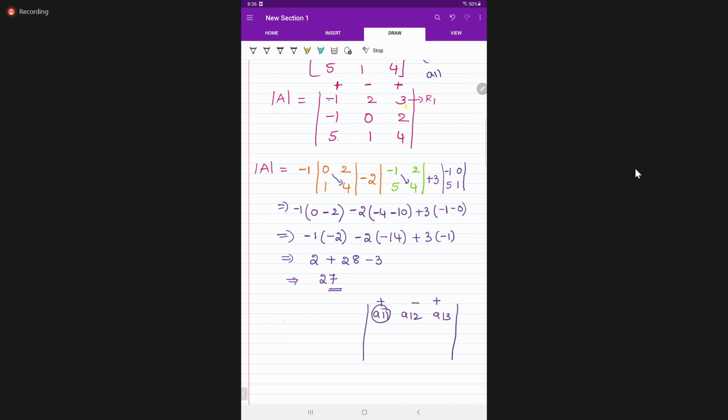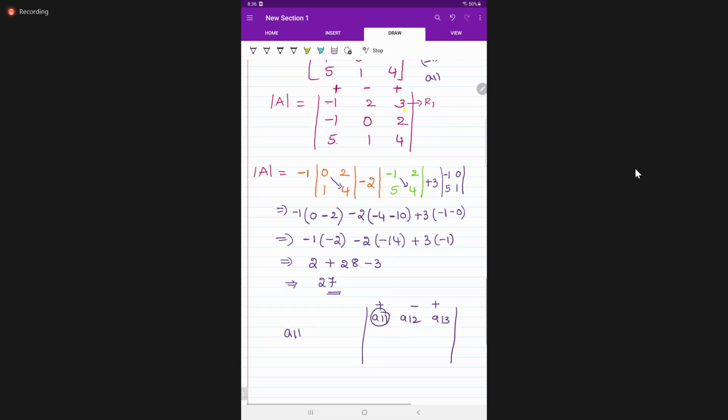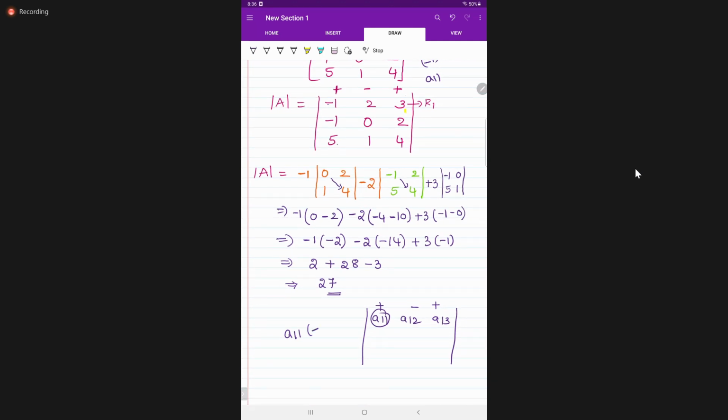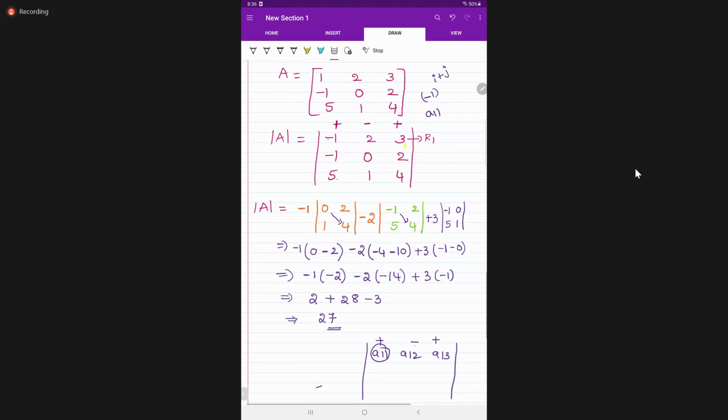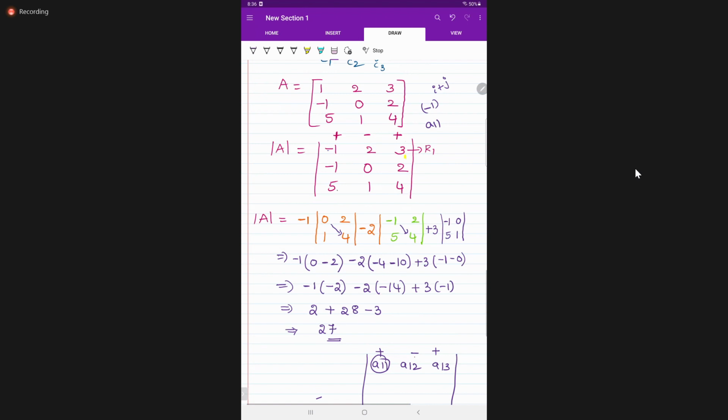First element: minus 1 to the power of 1 plus 1, which is minus 1 squared, equal to plus 1. So write plus. Next, minus 1 to the power of 1 plus 2, which is 3, so we write minus. So that and all, no need. Just remember: the first element is multiplied with plus, the next is minus, the next is plus. Like that, remember all of you.